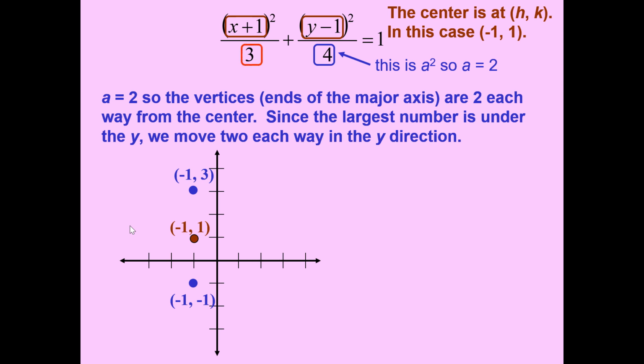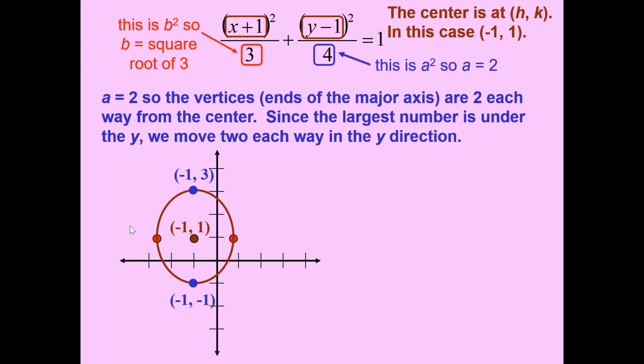On the minor axis here, the square root of 3 is our b. So we can go up, over, to the left and to the right one. And it gives us a little shape for our ellipse.